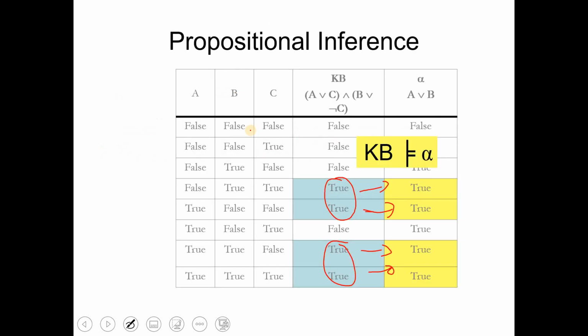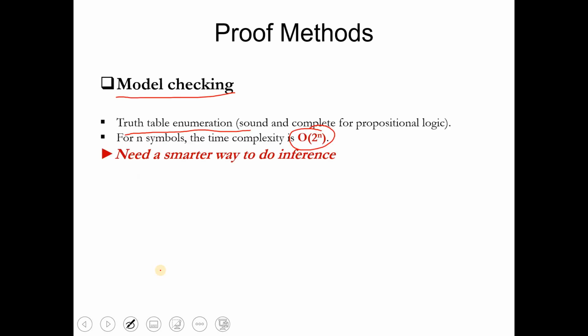In general, it is called model checking because you go one by one and check all those models. Only those models you will check where the knowledge base is true. That's why we call this technique model checking. Model checking is a very common technique and there are many software tools available that can perform model checking on systems.